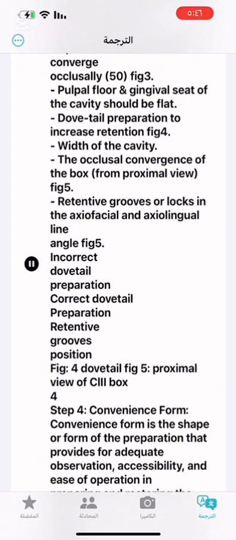Step 1. Outline form and initial depth. Establishing the outline form means placing the preparation margins in the positions they will occupy in the final preparation.